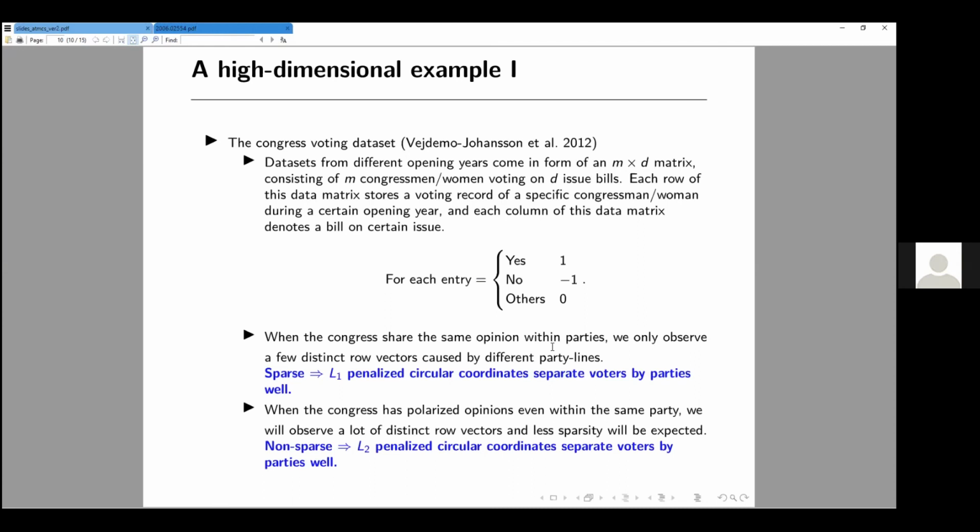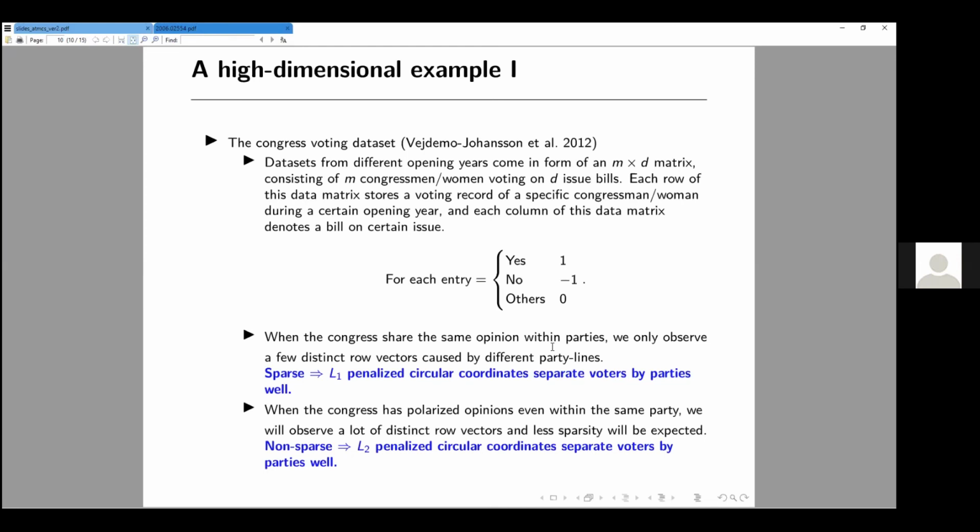So this will be a very large matrix with entries 1, -1, and zeros. Suppose there are two parties within the Congress. When the Congress shares the same opinion within parties, we only observe a few distinct row vectors caused by different party lines, because in that case you would expect the voters to only vote by their party lines.